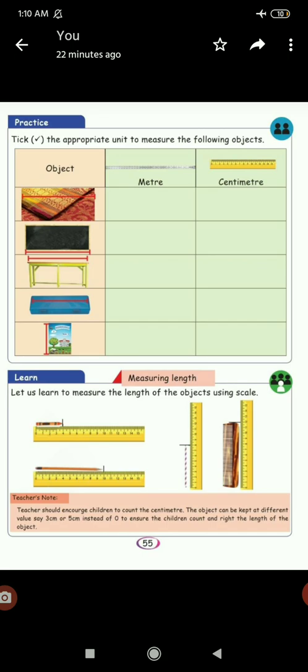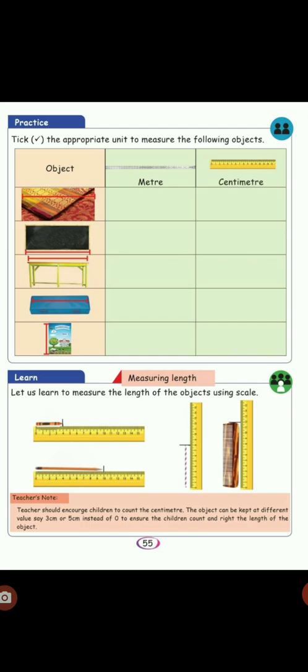Next, the length of the pencil. We place the pencil at the 0 place and measure how many centimeters till the end of the object. How many centimeters does it cover? 10 centimeters. The length of the pencil is 10 centimeters.